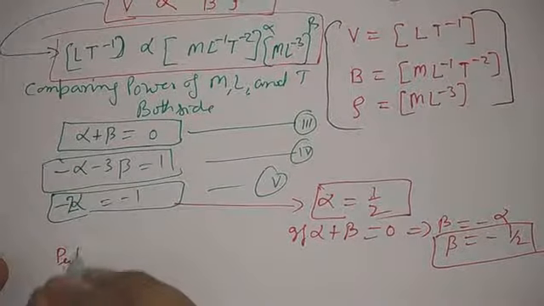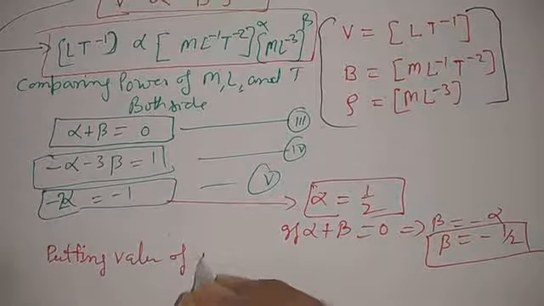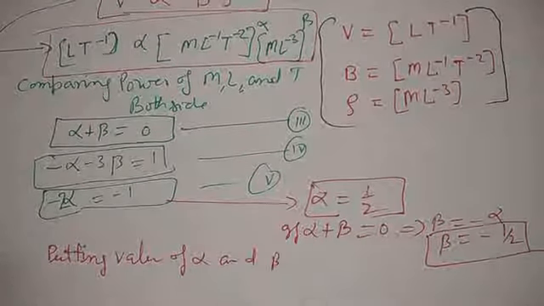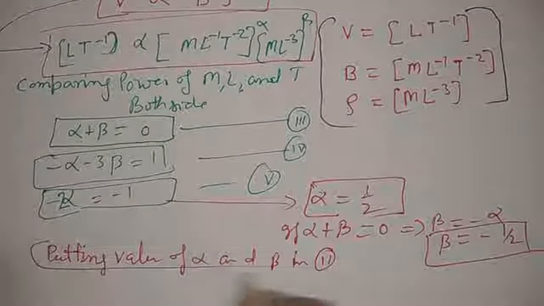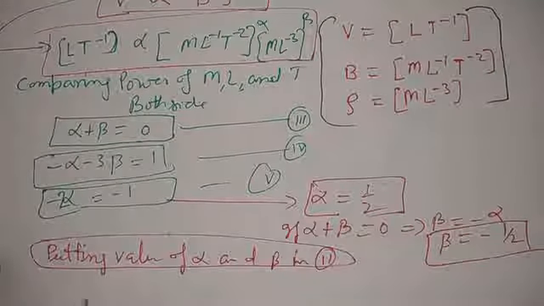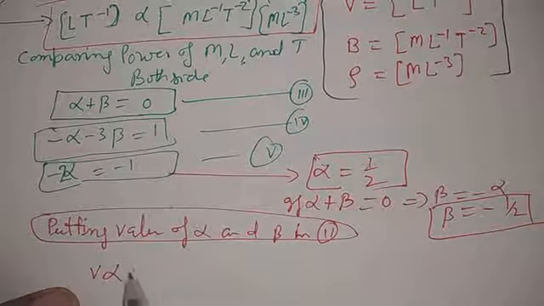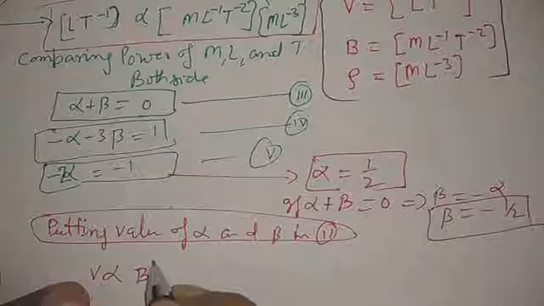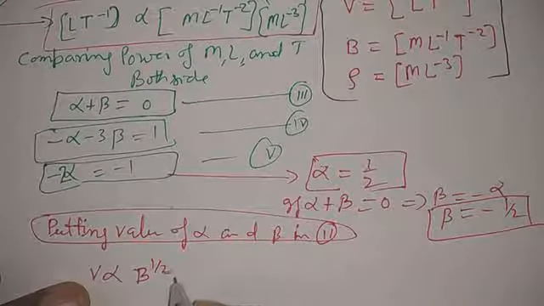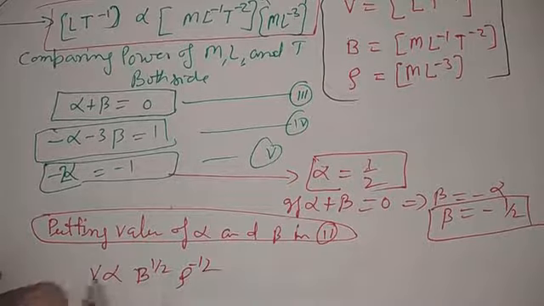Putting the values of alpha and beta in equation number 2, V is proportional to B to the power alpha, bulk modulus to the power 1 by 2, and density to the power minus 1 by 2.